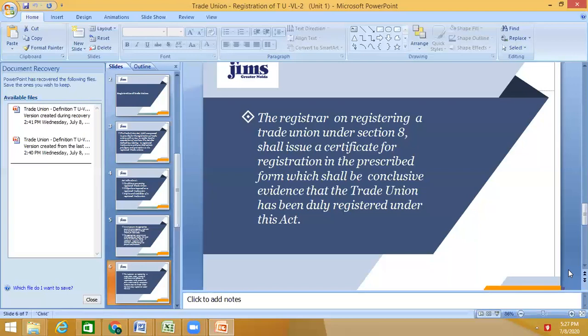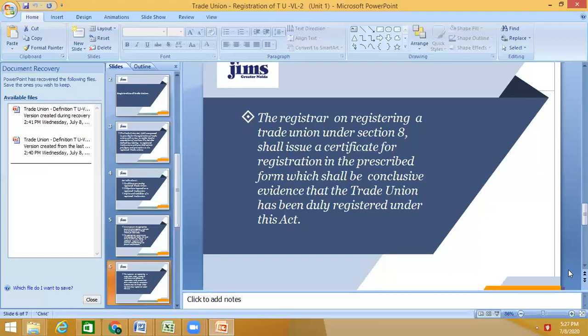And any breach of such rules cannot be enforced by a writ of mandamus under Article 226 of the Constitution. And the remedy for the aggrieved is by way of a suit. For this, I would like to quote one case here.